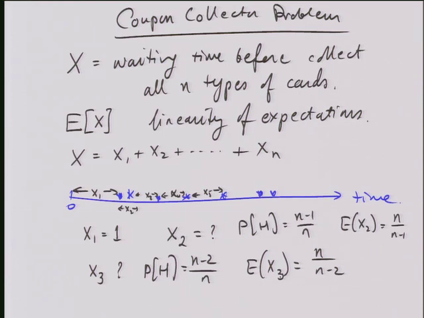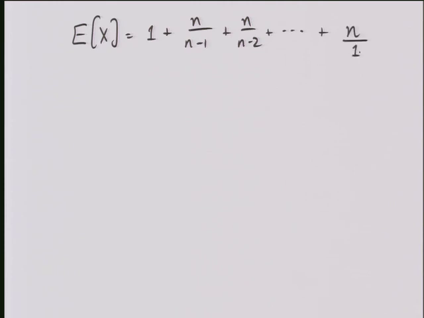So if you continue this, you'll see that the expected value of x is 1 plus n over n minus 1 plus n over n minus 2 plus so on and so on plus n divided by 1.